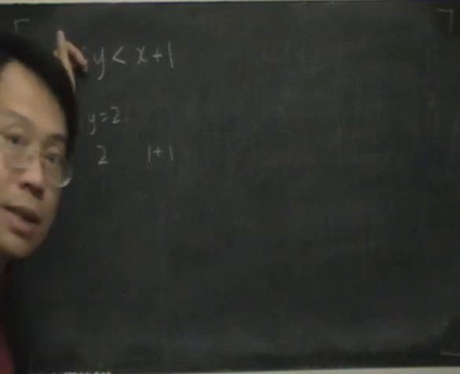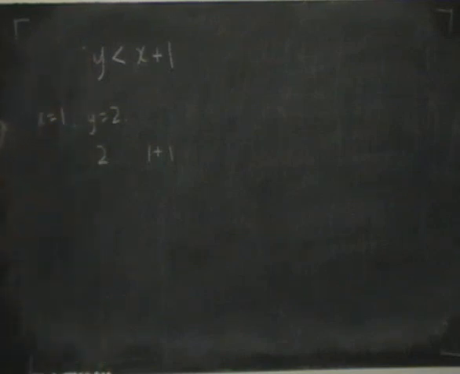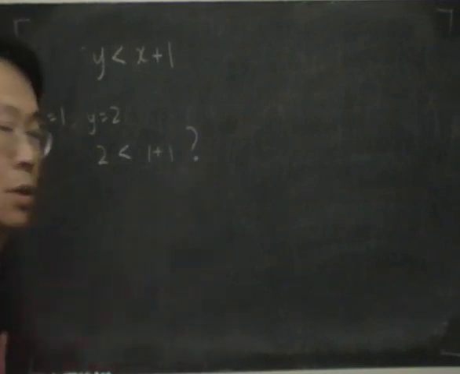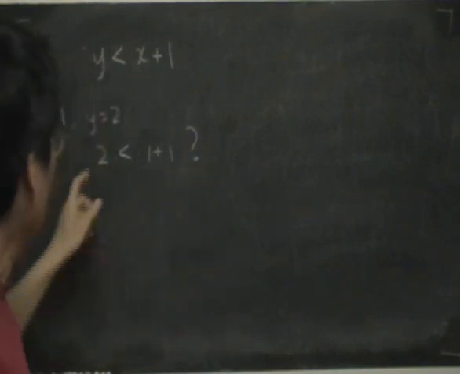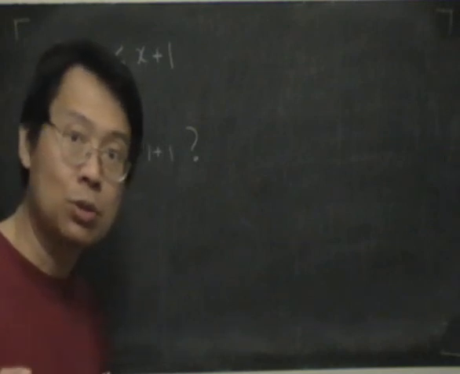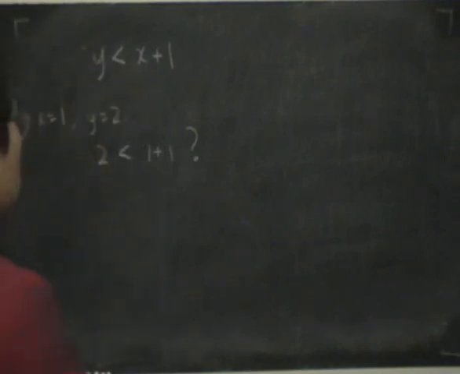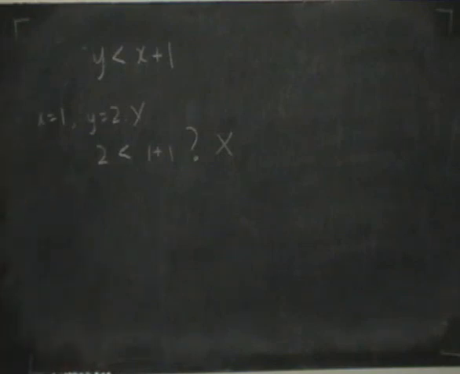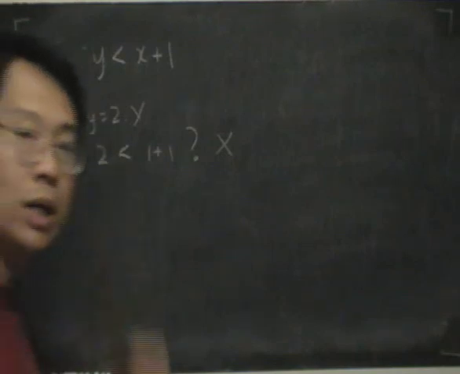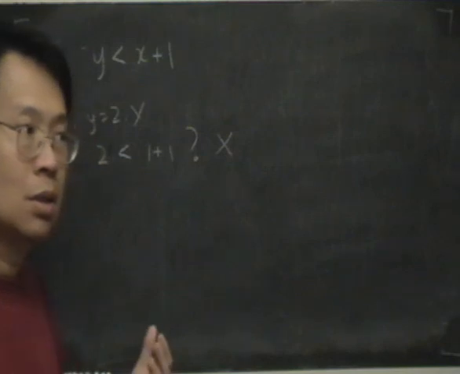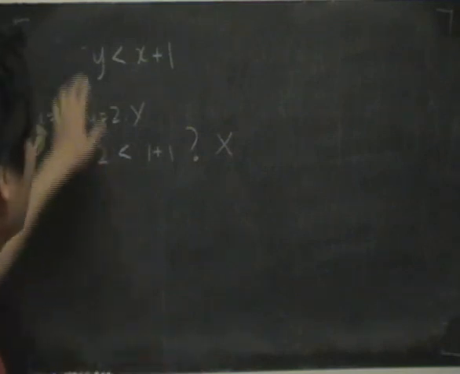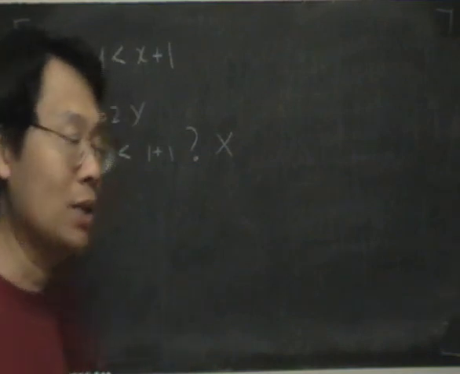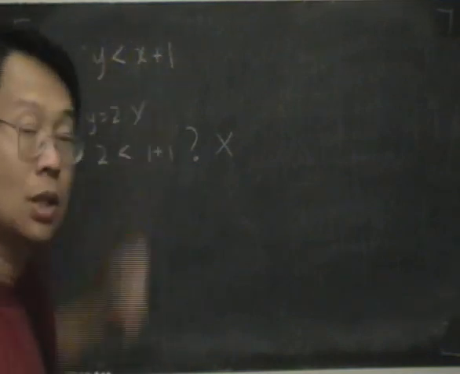Is y less than x plus 1? It's not, because 2 is not less than 1 plus 1. 2 is equal to 1 plus 1. So that's wrong. So therefore, x equals 1 and y equals 2 does not satisfy this. So it is not a possible set of values for this inequality.